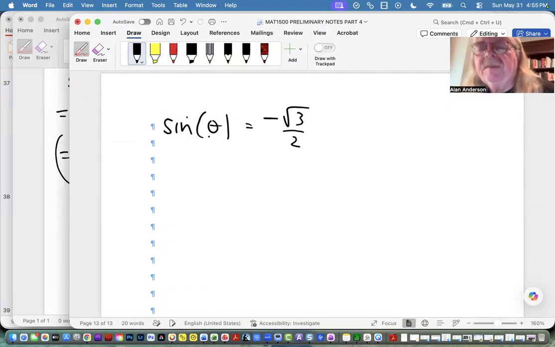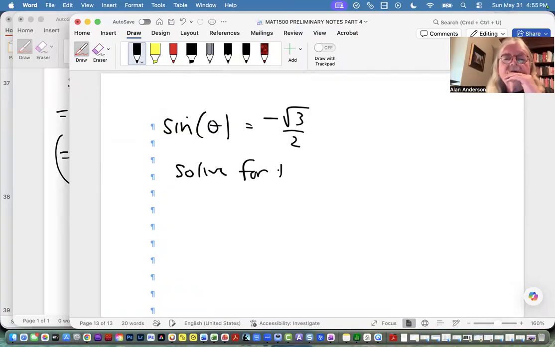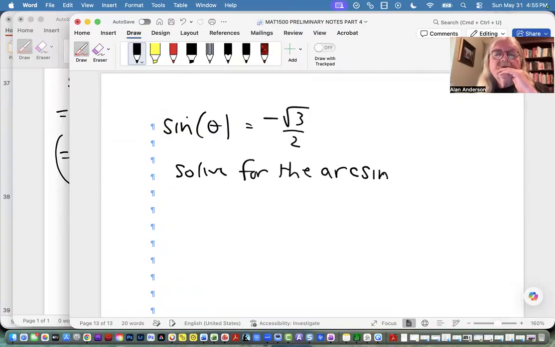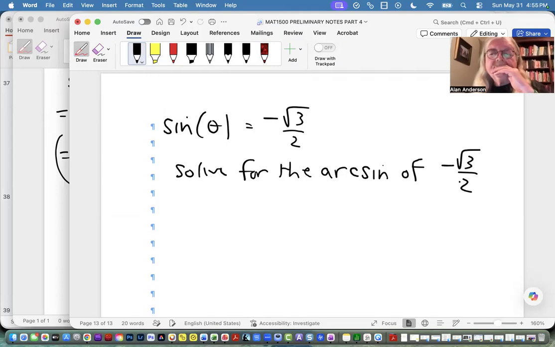Now, you might remember from your travels that what you could do is solve what's called the arc sine of negative radical 3 over 2. On this calculator, that would be this.